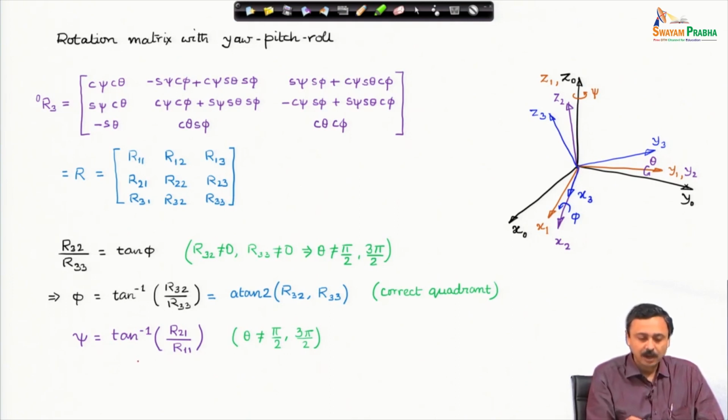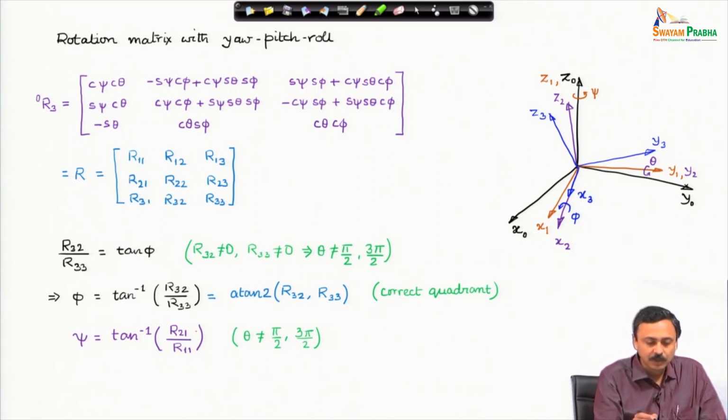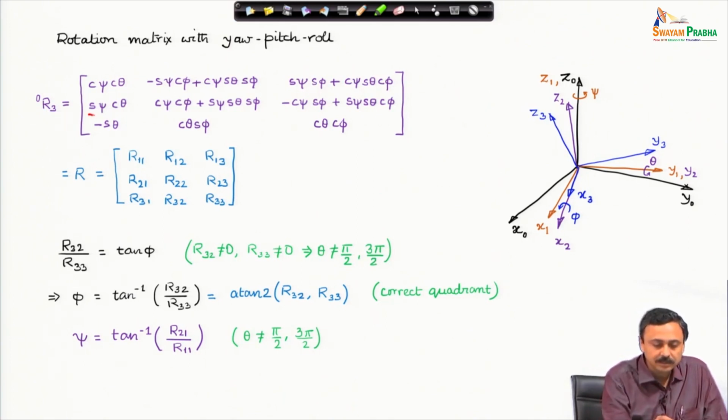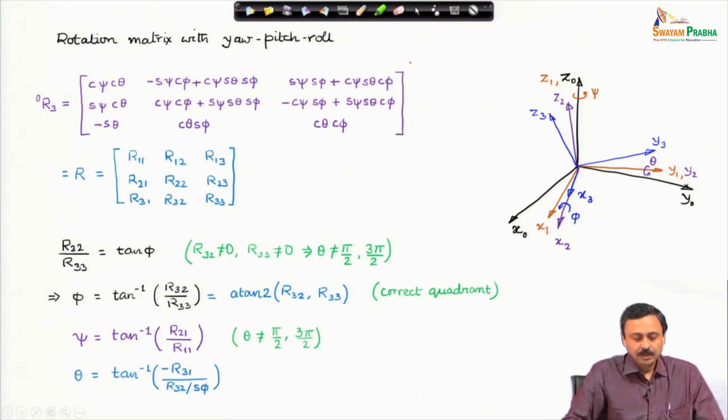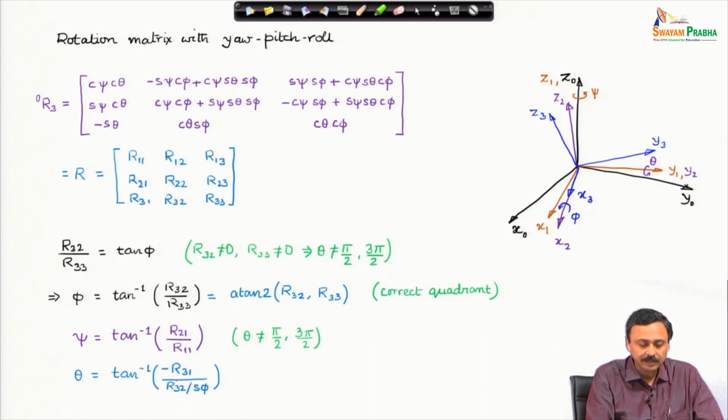Then psi, how do I find out psi? You will note that R 21 by R 11, R 21 is this element and R 11 is this element, and the ratio of this is tan psi. And once again, if theta is not equal to pi by 2 or 3 pi by 2, then you will take A tan 2 or tan inverse and you can find out. And similarly, you can find out theta by taking this ratio.